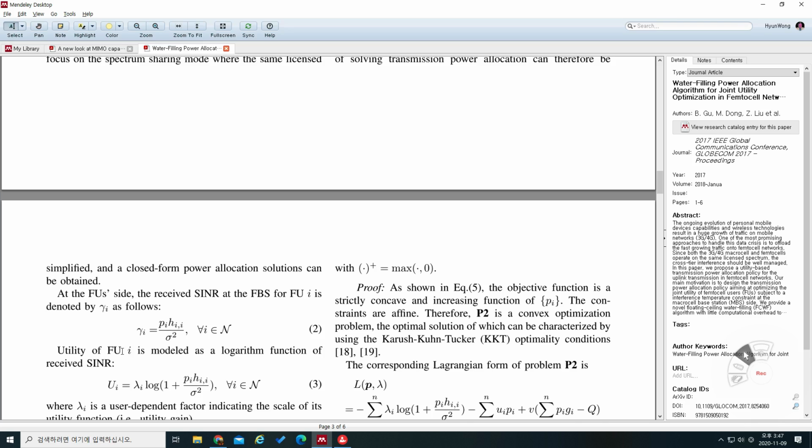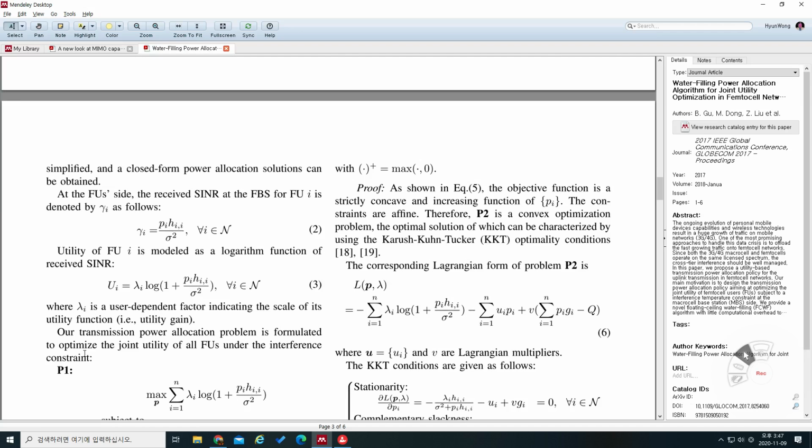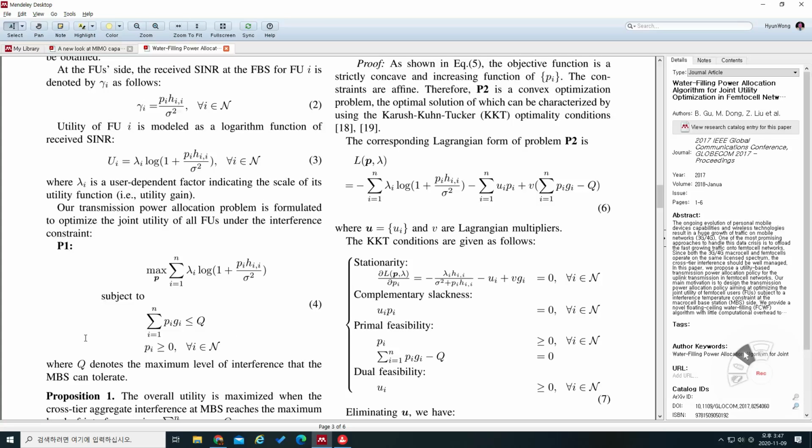The utility of an FU is modeled as a logarithm function of the received SINR, where lambda_i is a user-dependent factor indicating the scale of its utility function, for example, utility gain. Our transmission power allocation problem is formulated to optimize the joint utility of the FUs under the interference constraint, where Q denotes the maximum level of interference that the MBS can tolerate.